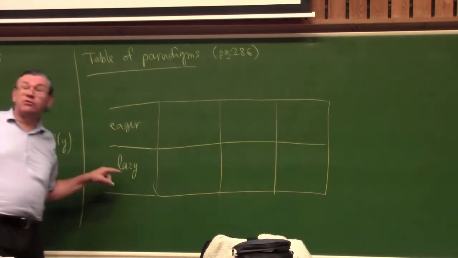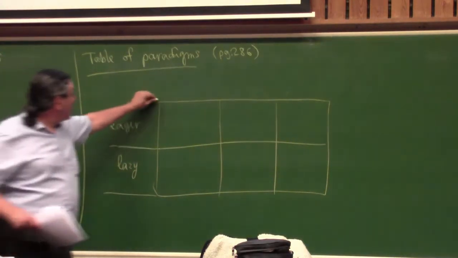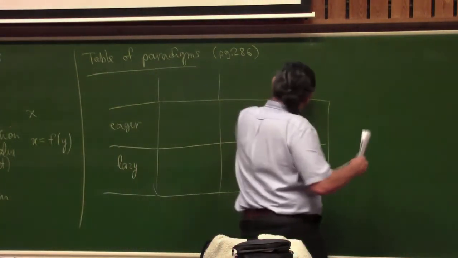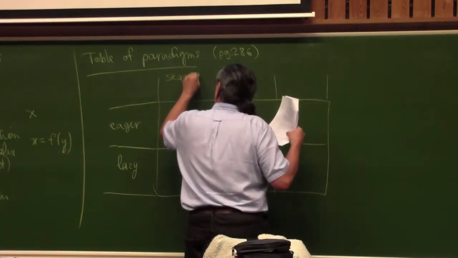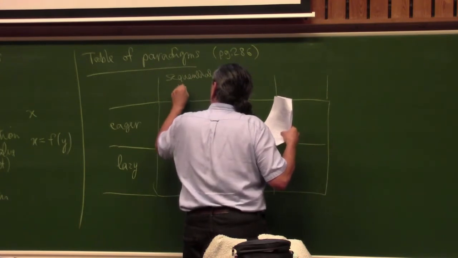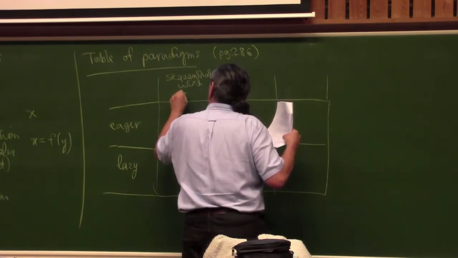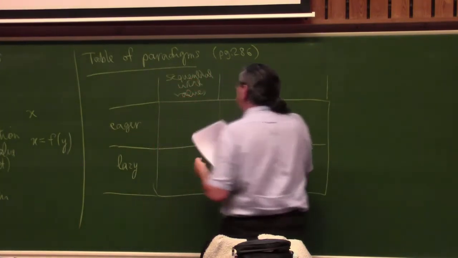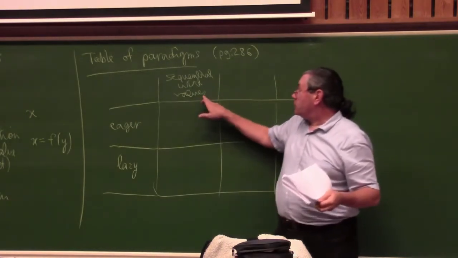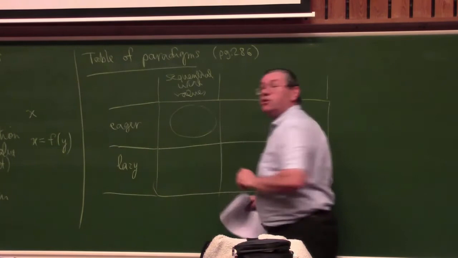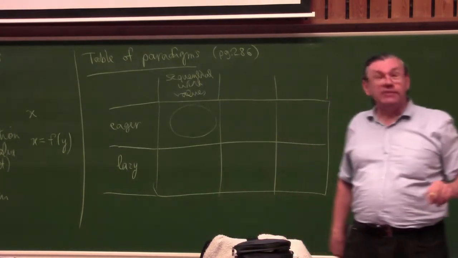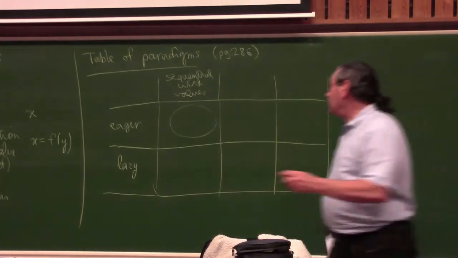So lazy is with wait needed. And on the horizontal, I will do pure sequential with values. So values are constants. So this is just a sequential language with values. So this area is what you have seen in courses on algorithm design.